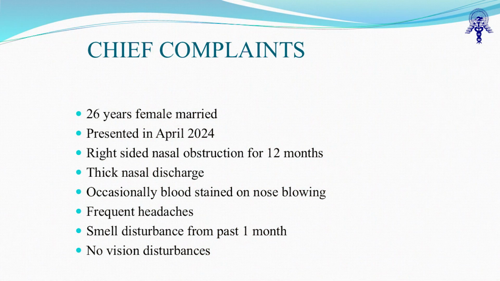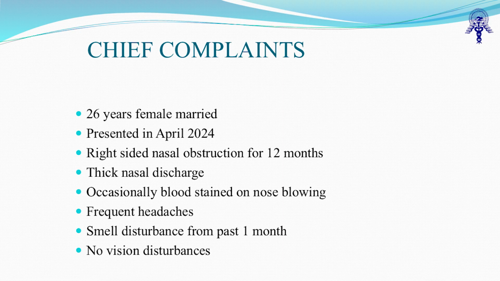So, we are going to present this case of a 26-year-old married lady who presents with right sided nasal obstruction for a duration of 12 months, associated with thick nasal discharge and occasionally blood stain on blowing the nose, which can happen to anybody.